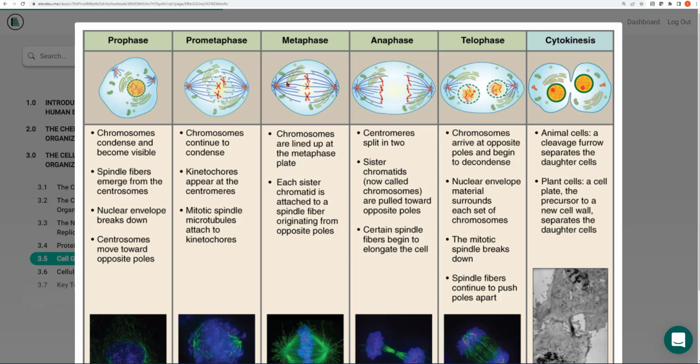Those microtubules are called the mitotic spindles. And those mitotic spindles are going to reach out to the chromosomes.